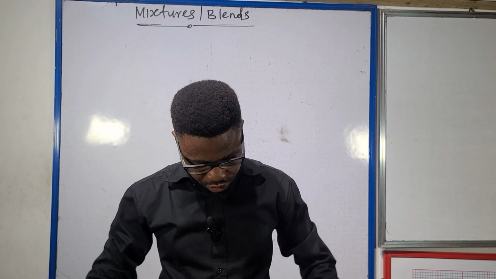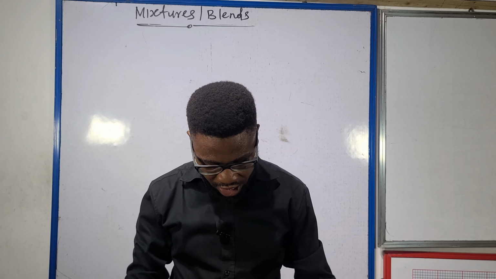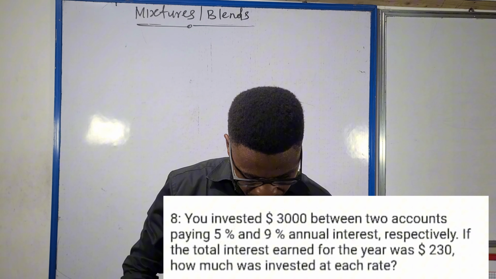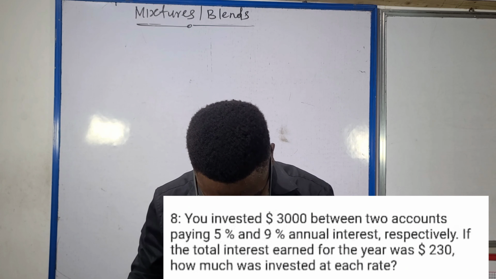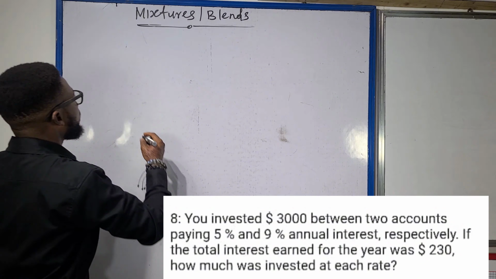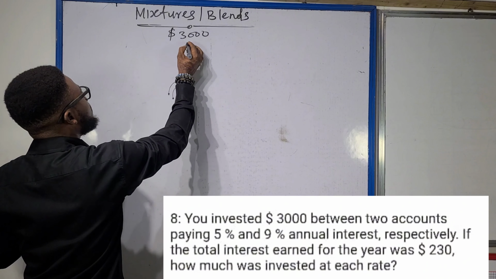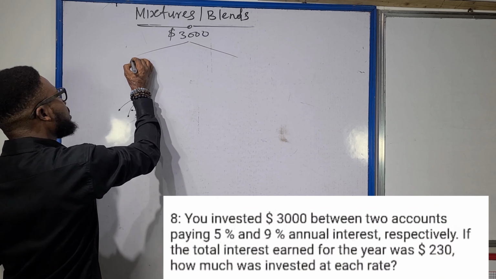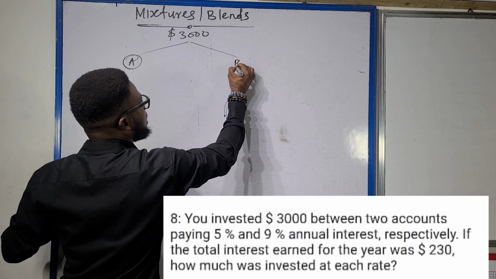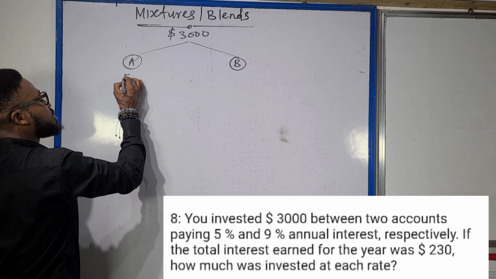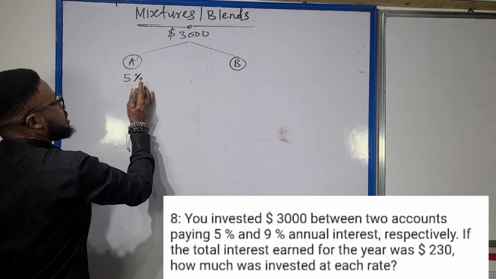As you can see on your screen, you invested $3,000 between two accounts, paying 5% and 9% annual interest. So what we want to do here is invest $3,000 between two accounts. Let this be account A, let this be account B. This one was producing interest at 5%.